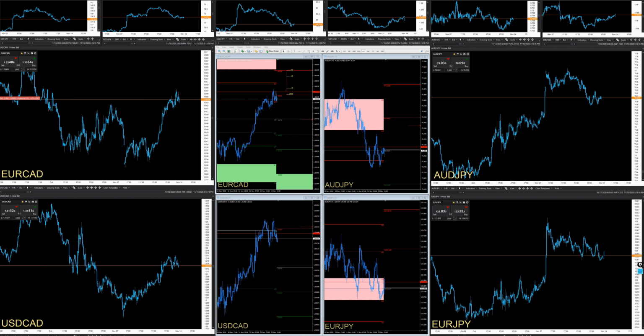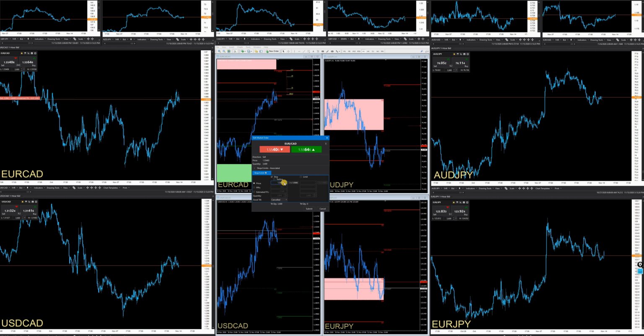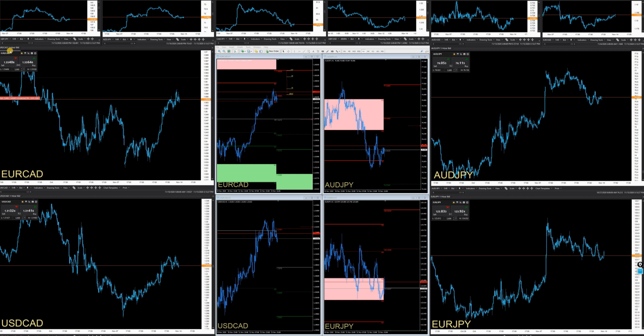Make sure it's an associated stop. 5, 6, 1, 3, 7. Okay, and I need to put my alert for my central pivot, it is 5474.